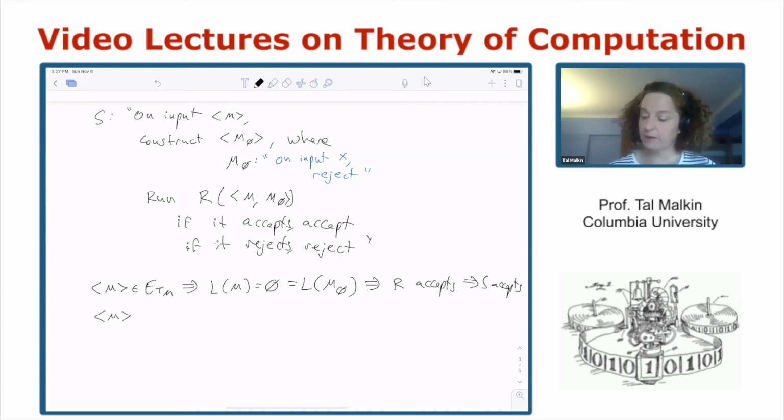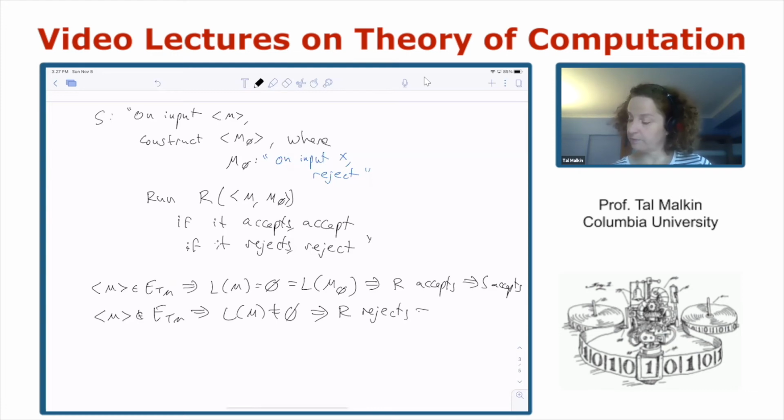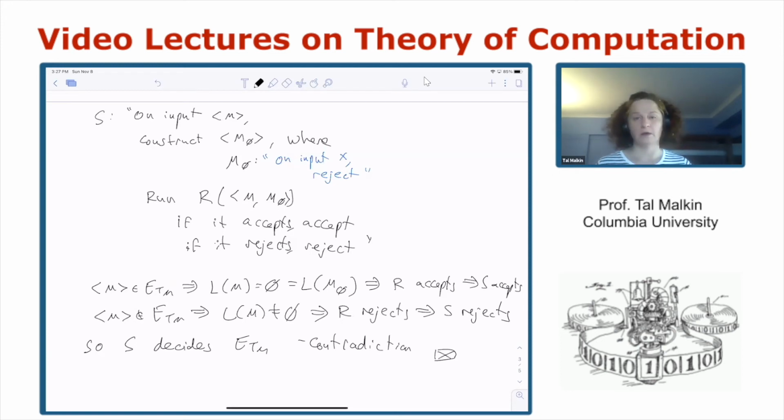And if M is not in ETM, everything in this case was if and only if. It was all if and only if. R rejects, which is S rejects. So this is the proof of correctness, what I wrote here. So S decides ETM, contradiction, right? Because we already know that ETM is not decidable.